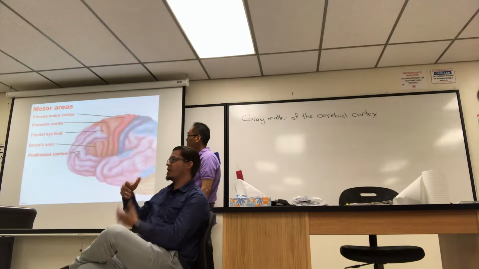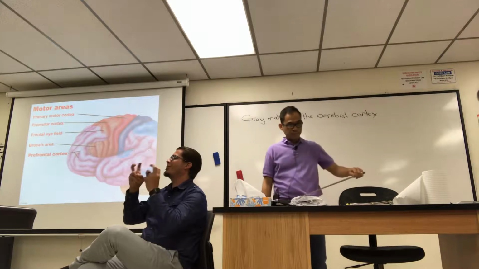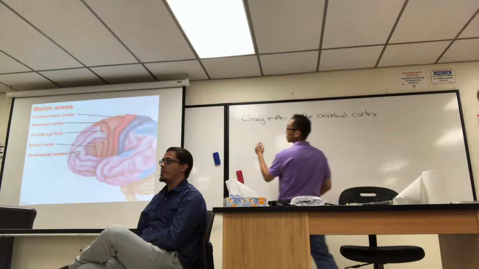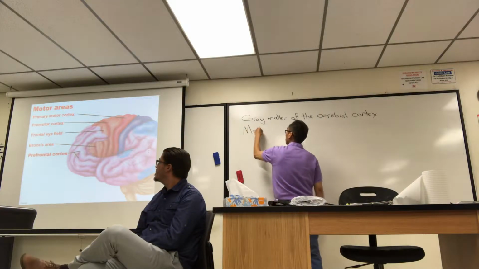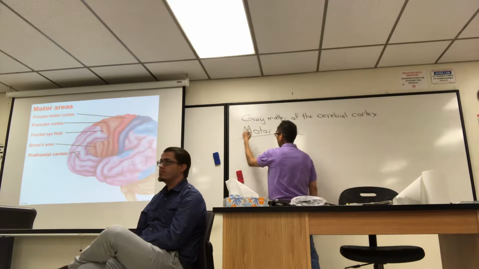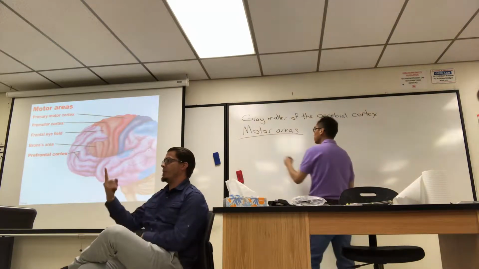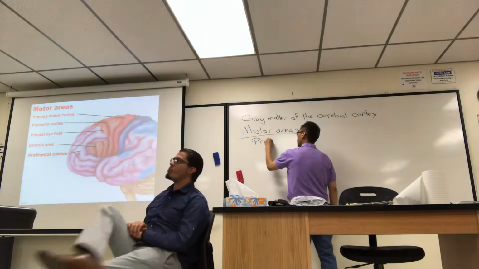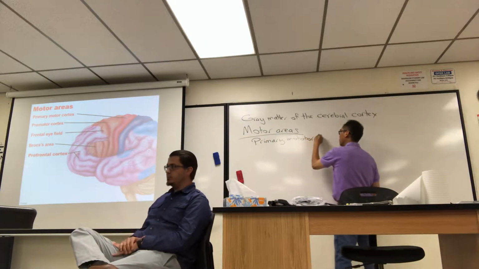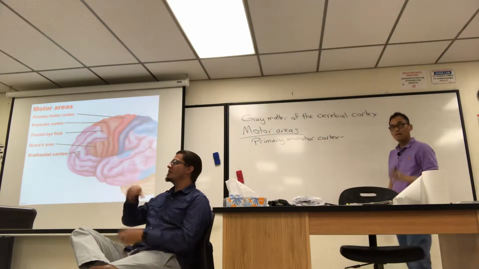Okay. All right, so I want to talk about other motor areas of the brain. So motor, think you're commanding your body to do something. The primary motor cortex, that's skeletal muscle, voluntary movement.